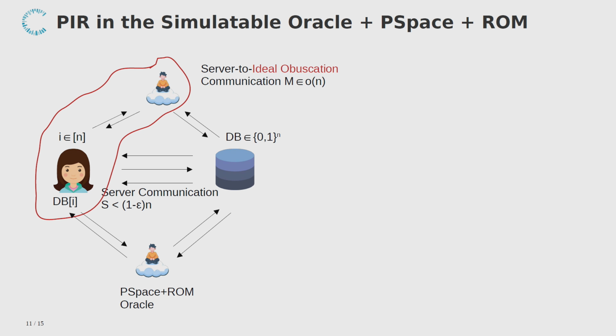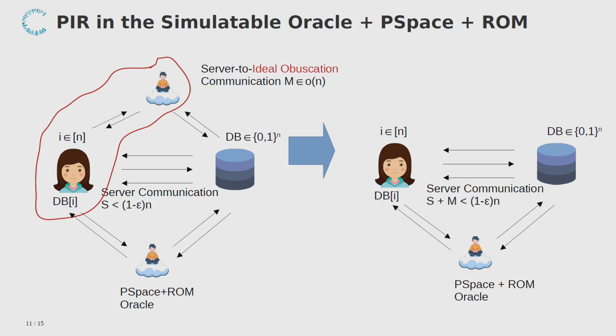But we can get even more fancy. As you've seen, we haven't used any specific property of the random oracle. So you can put in any oracle, any scheme that is efficiently simulatable. For example, ideal obfuscation. Even if the original protocol has access to ideal obfuscation, but only makes slightly sublinear access to it, we can still remove this by simulating it, and everything else is still the same.